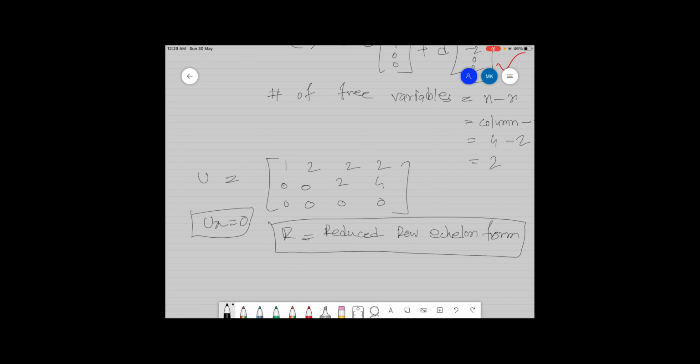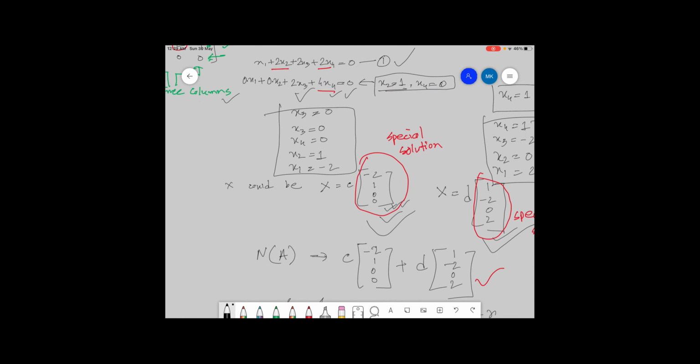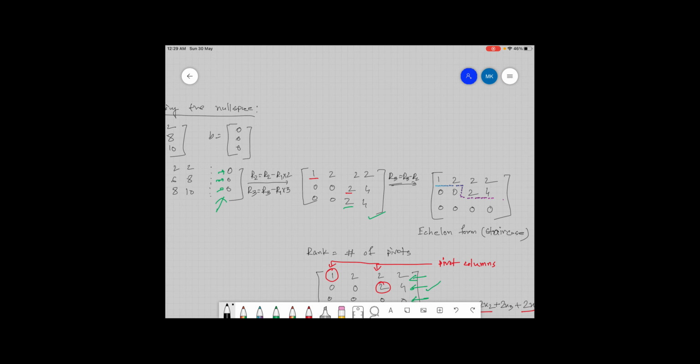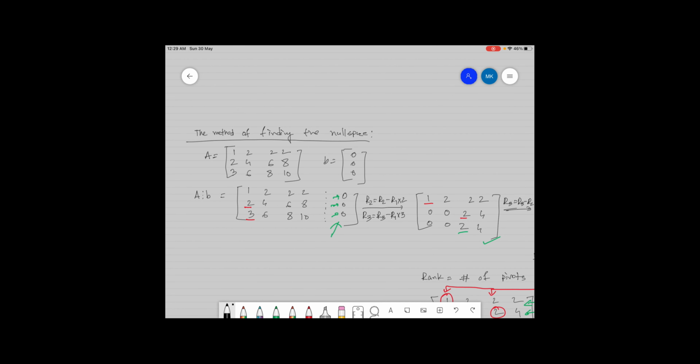Before that I have one question. You can see that the third row here is full of zeros, right? So why are there all zeros on row 3? Because you can see that in the very first matrix, row 3 is basically the combination of row 1 and row 2.